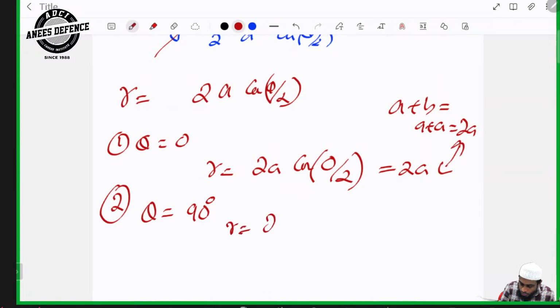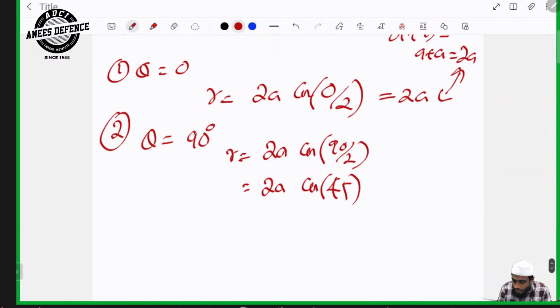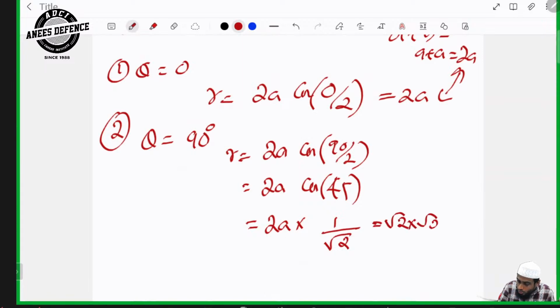R equal to 2A cos 90 by 2, that is 45. So what is cos 45? Cos 45 is 1 by root 2. 2 can be represented as root 2 into root 2. So root 2 gets cancelled.